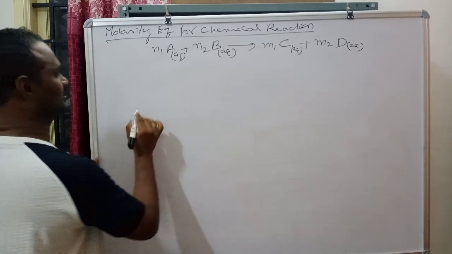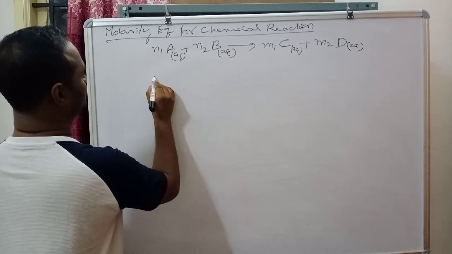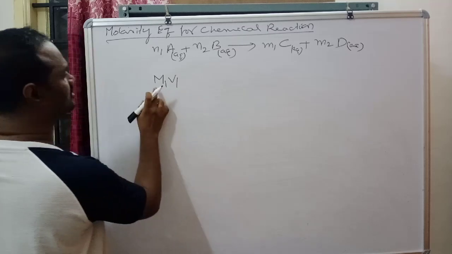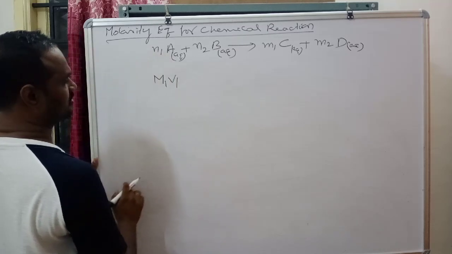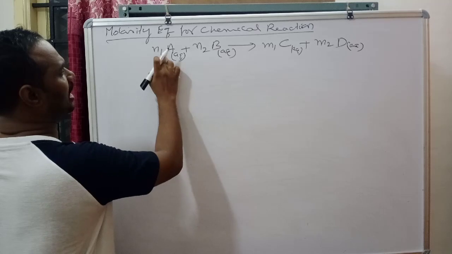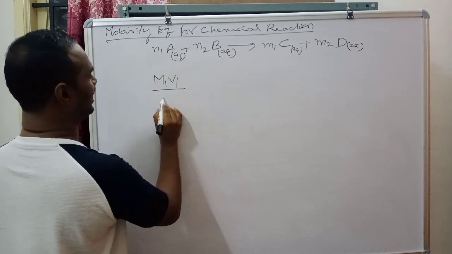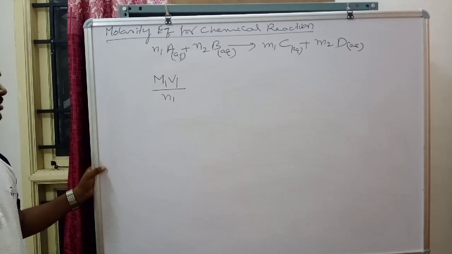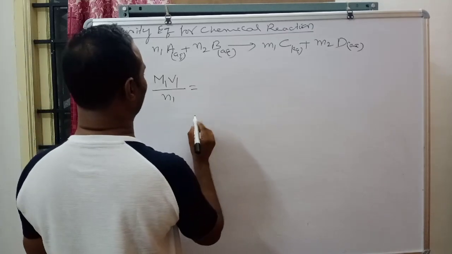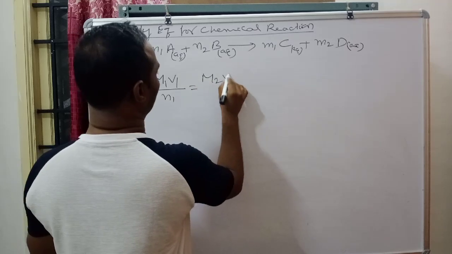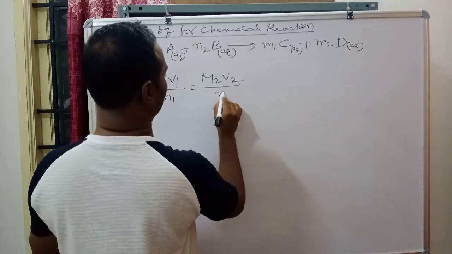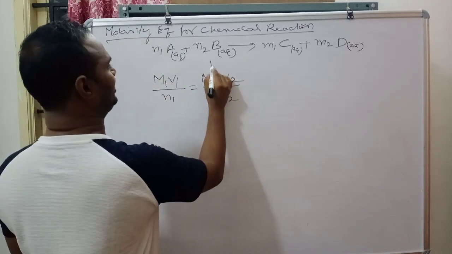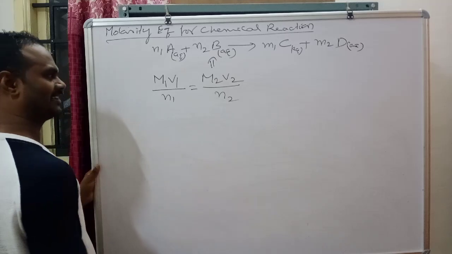To calculate that, the formula we can use is M1 V1 by N1 equal to M2 V2 by N2. Here M1 is the molarity of A solution, V1 the volume of A solution, N1 the number of moles of A reactant. M2 V2 by N2 relate to the second reactant.